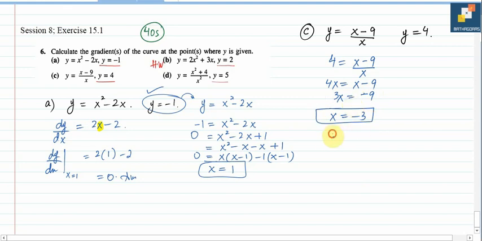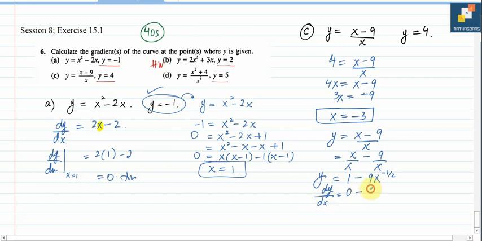Now y equals x minus 9 divided by x, we can separate it over the common denominator. So x upon x minus 9 upon x leads to 1 minus 9x power minus 1 equals y. Now we can start the differentiation. So dy by dx equals, the derivative of 1 is 0, minus 9.